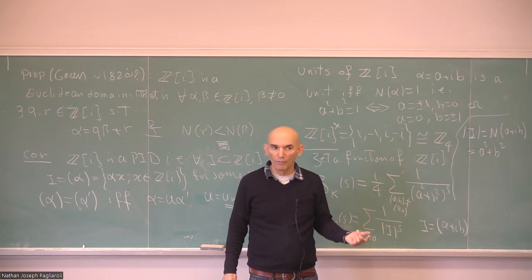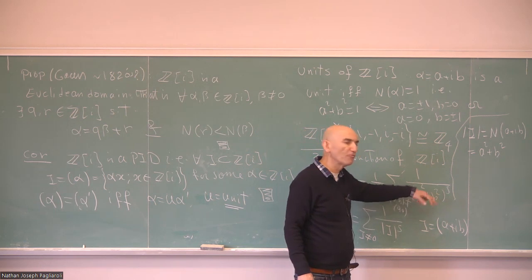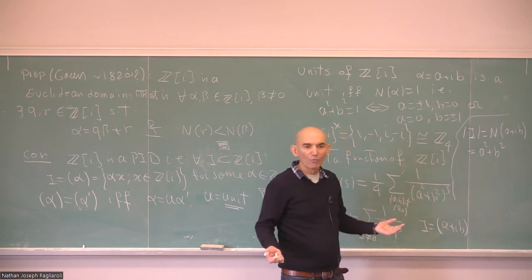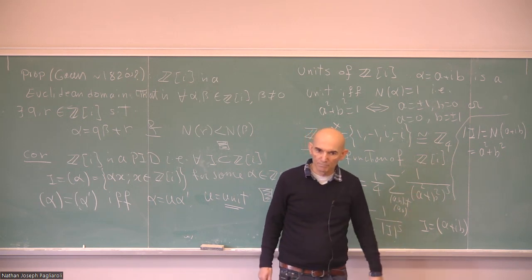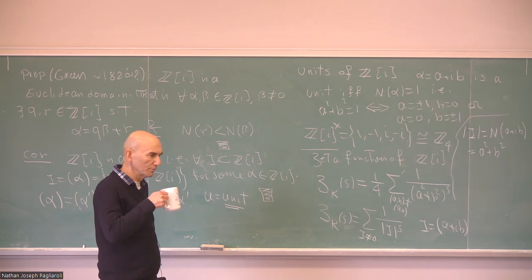We should not do overcounting. Each ideal has 4 representatives, and those representatives all have norm 1, so they don't make any difference, but there's a factor of 4. So I have to divide by 4. That's important. Okay, are you with me?